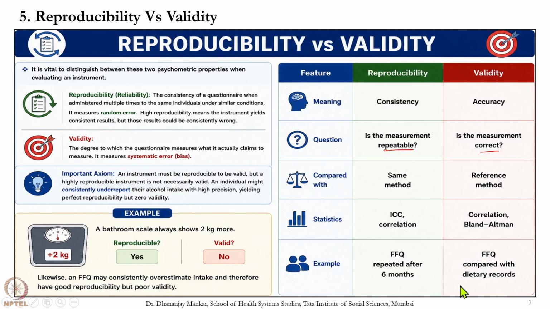The dietary record is the reference, and for the FFQ there is repetition, again and again.